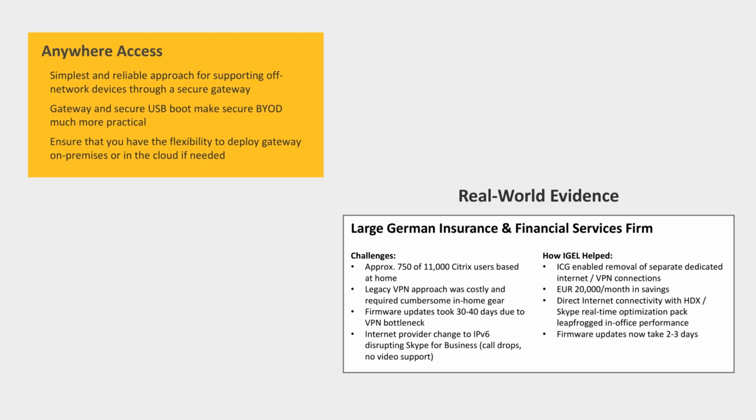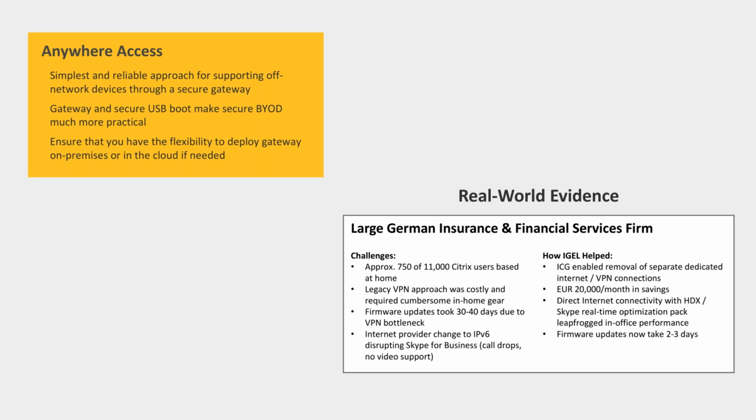Even though they could have persistent connectivity over the VPN tunnels, things would get bottlenecked at the VPN gateway, where whenever they would have to push out updates to these devices, it would literally take them over a month just to get these 750 users up to date with the latest firmware, just because of bandwidth constraints at the gateway. And then they were also running into issues with quality.